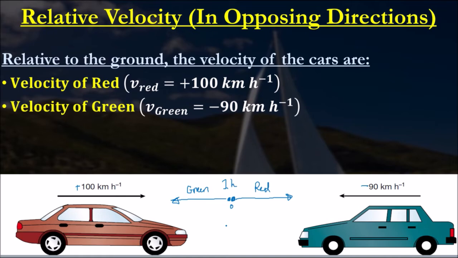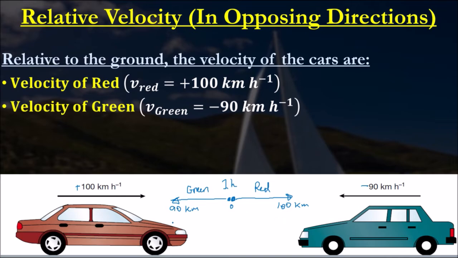I'll let 1 hour pass, and the green car has traveled 90 kilometers in this direction. The red car has traveled 100 kilometers in this direction. If we look at the overall resultant vector, or the sum of all the vectors, the perspective would be like so.